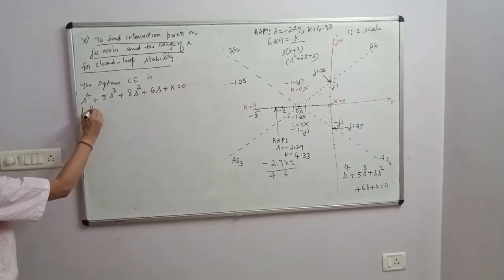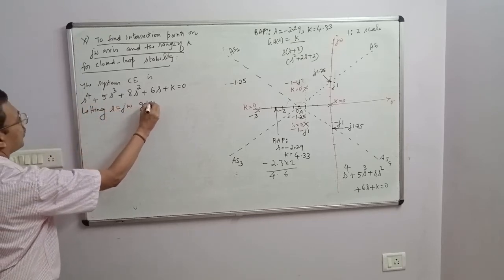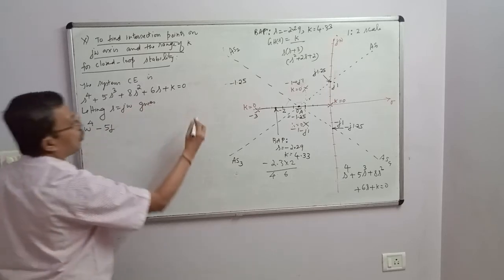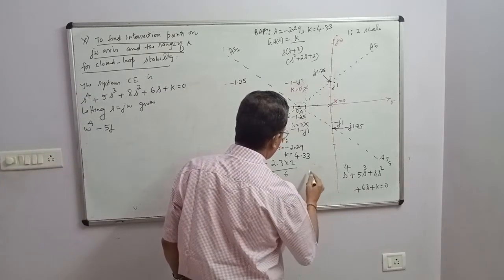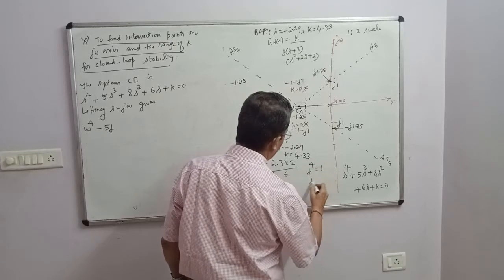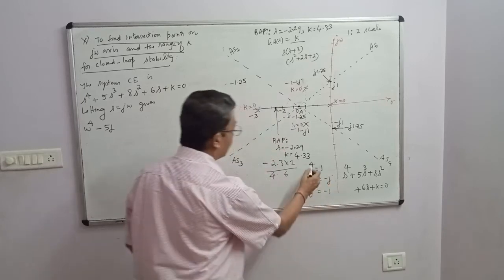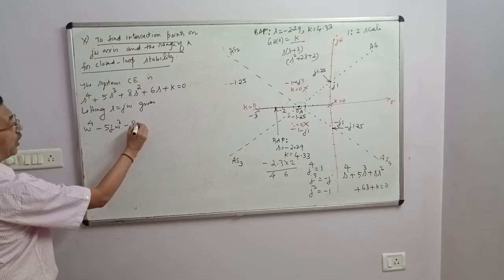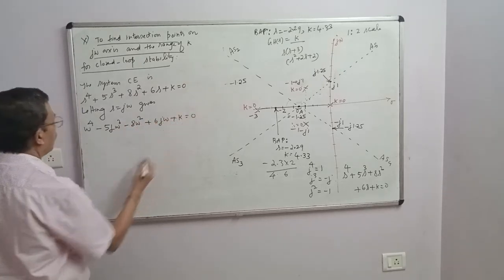Letting s equal to j omega, j to the power 4 is 1, so you get omega to the power 4. j cube is minus j, j square is minus 1. You must know these values. So minus 5j omega cube minus 8 omega square plus 6j omega plus k is equal to 0.